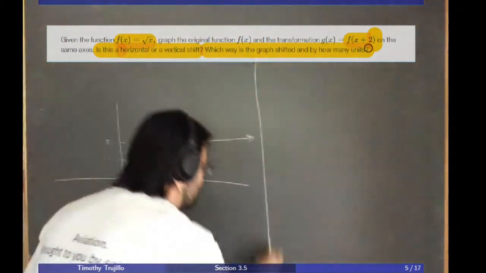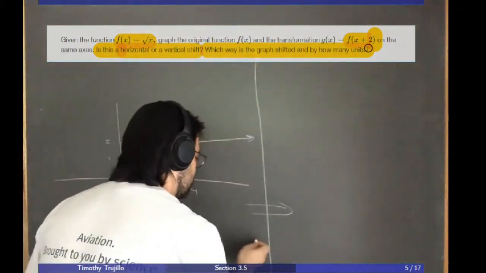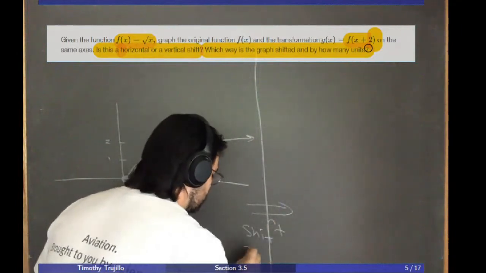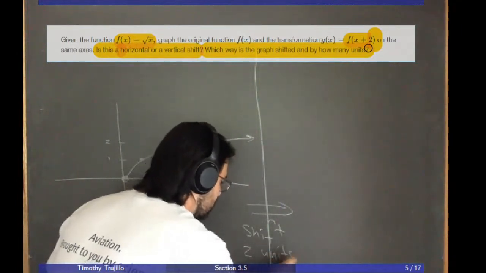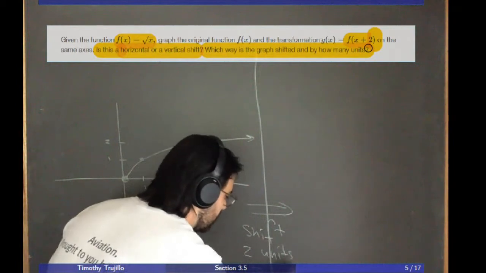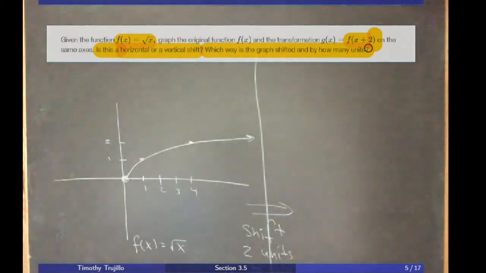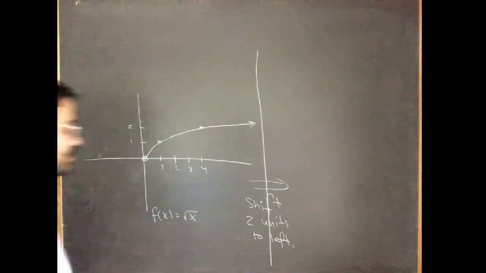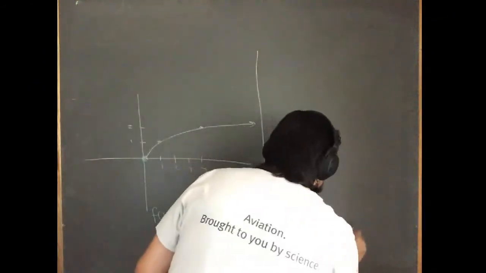And what we want to do is shift 2 units to the left. Let me put the whole board up so you can see everything. So you want to shift 2 units to the left and give a graph of f of x plus 2.